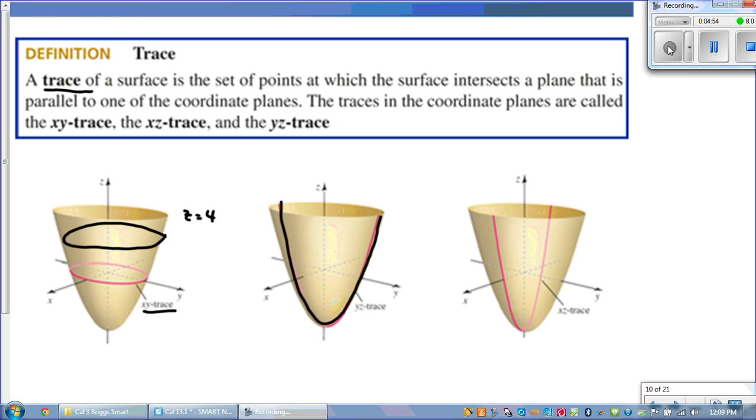Looking at those traces allows us to see what this three-dimensional surface would look like. So if we know that the xy traces or any planes parallel to the xy plane result in a circle or an ellipse, then we have an idea, horizontally, what those traces look like, give us an image of that surface, or with the yz plane, or in this third one is the xz trace.